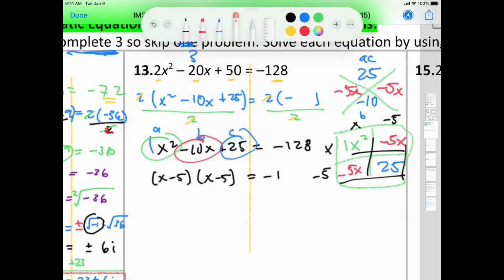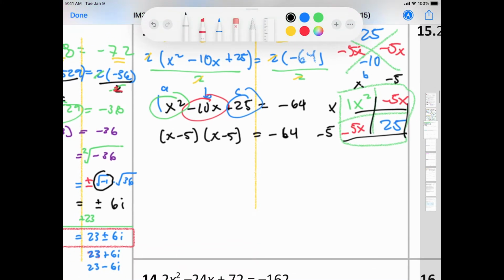This should be a negative 64. Alright, so I have 2 of these, x minus 5 squared equals negative 64.